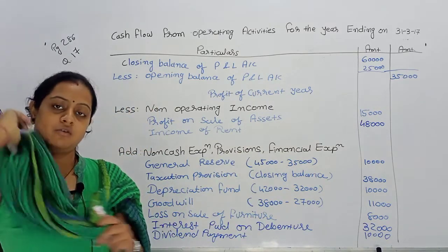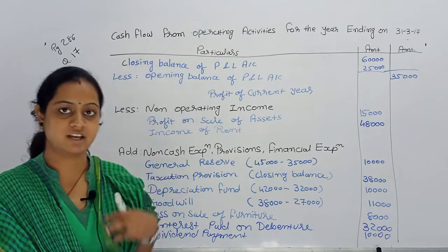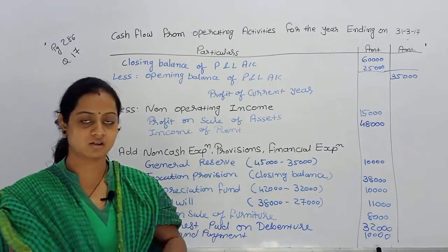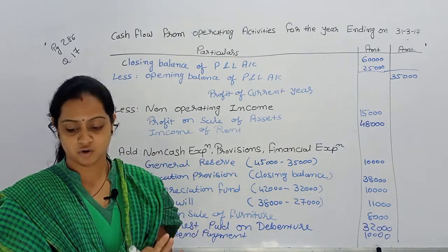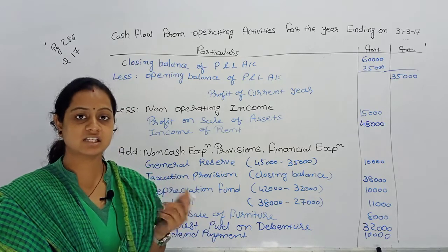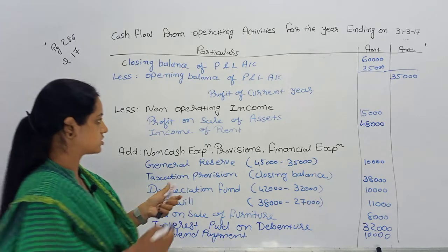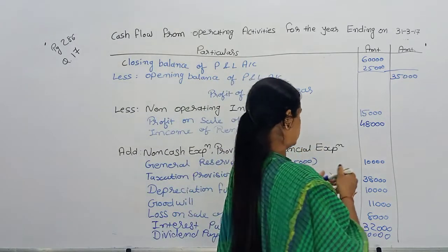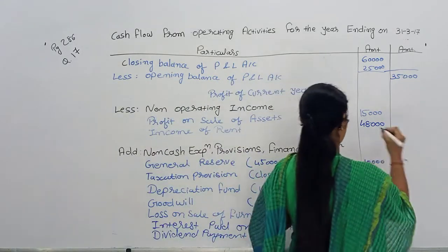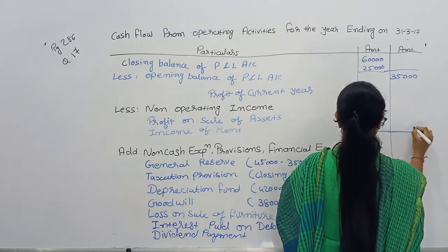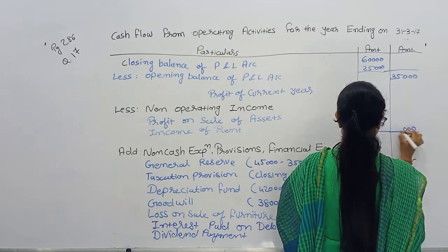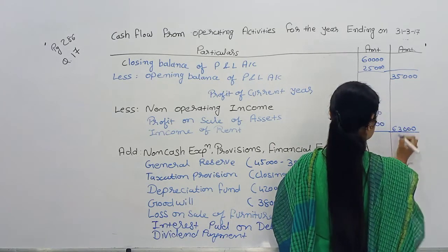So we have given all the effects of income, losses and expenses except current assets and current liability, which we will write later. So first of all we'll do the total of these two, 48,000 plus 15,000. Our answer will be 63,000.